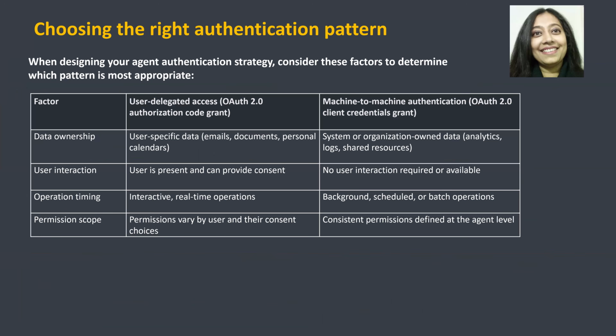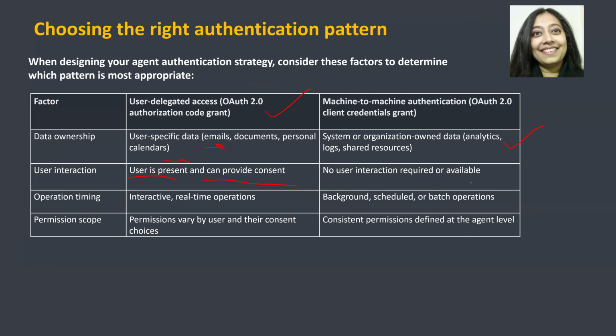Now, let us also deep dive a little bit more and understand when to choose the right authentication pattern. So let's say you have user-specific data. We already discussed this. Use UDA. When you have system or non-user specific data or organizational owned data, use machine-to-machine. When a user is present in the workflow and can provide consent or is required to provide consent, use user delegated access.